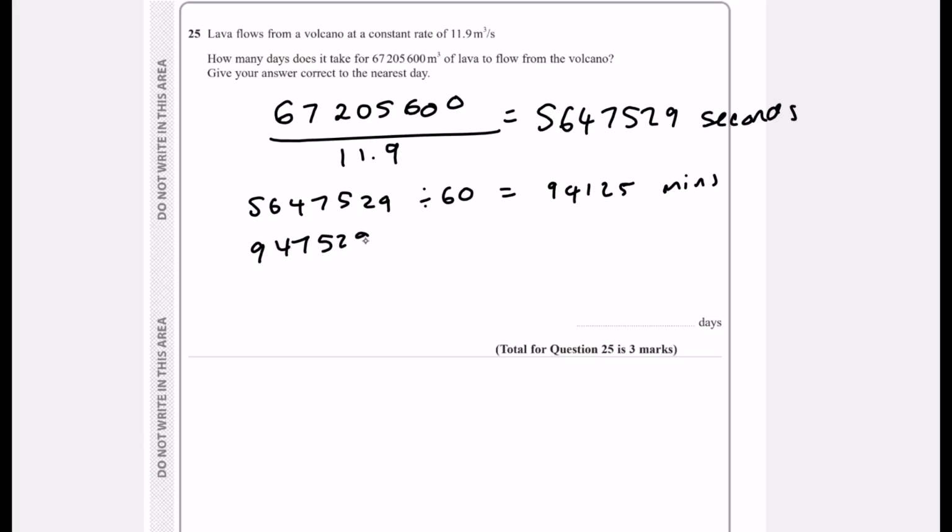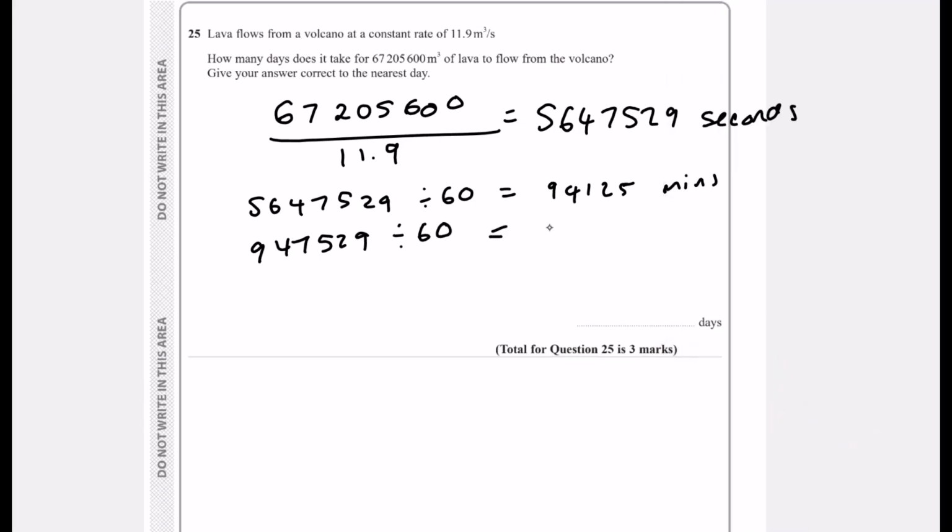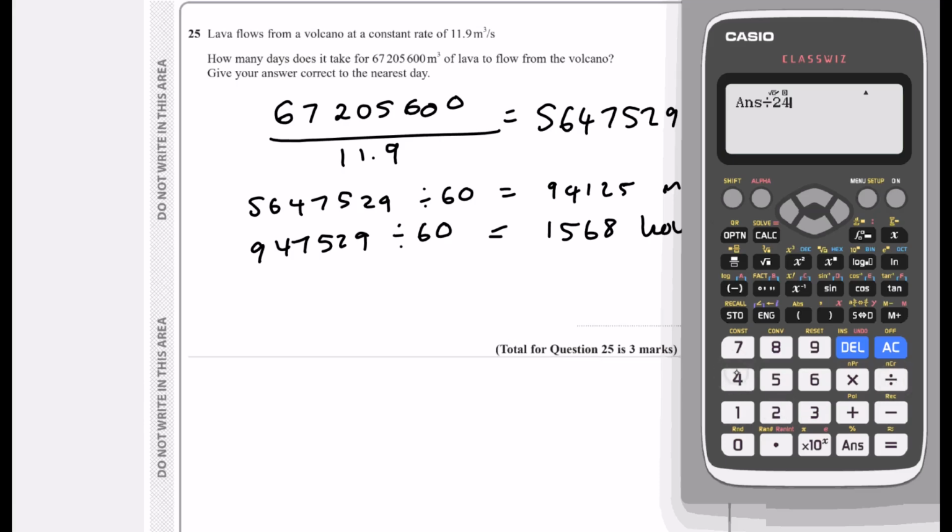So let's change it into hours. So divide by 60 again. 1,568 hours. But we want days, so divide by 24.